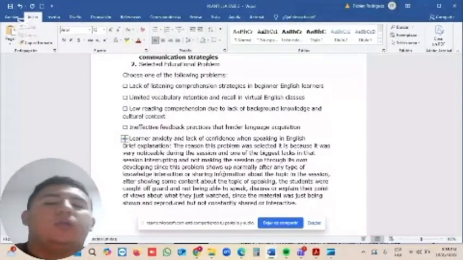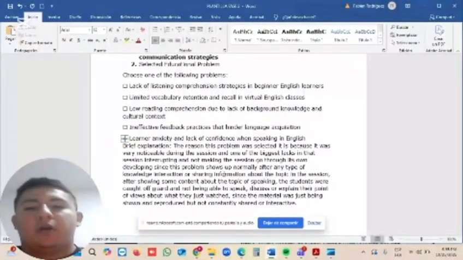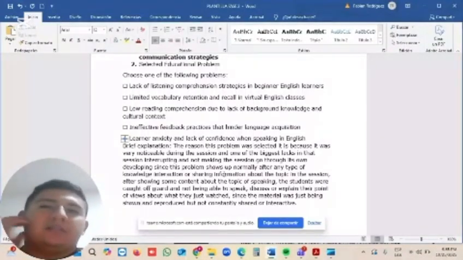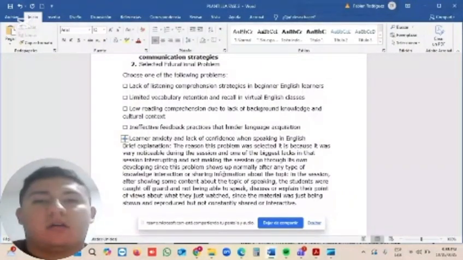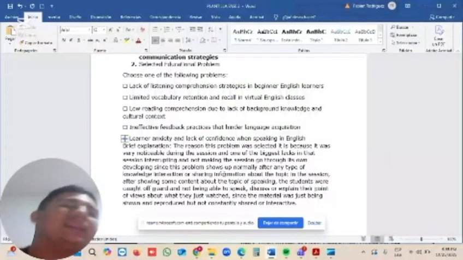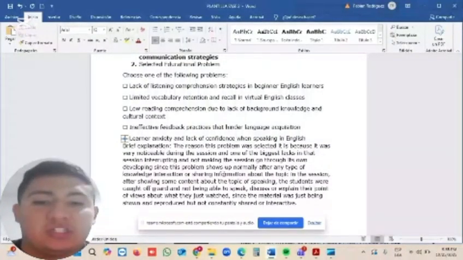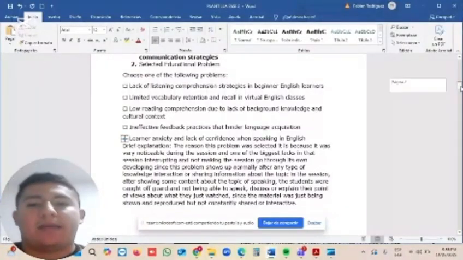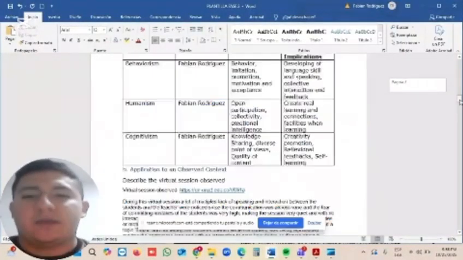After any type of knowledge or interaction or topic, the students were trying to make some inputs, but they couldn't do them in English. So that was the educational problem that I saw, the lack of confidence to participate.